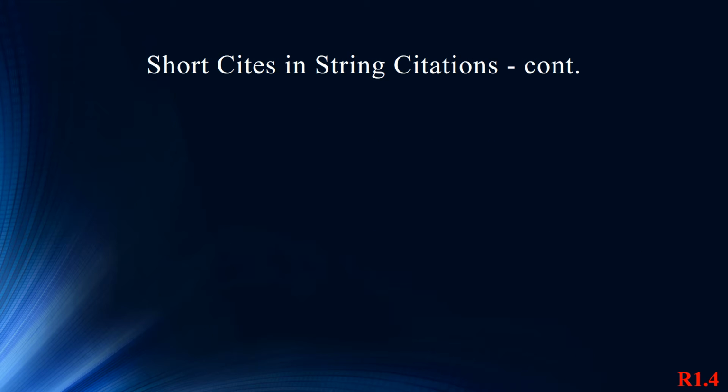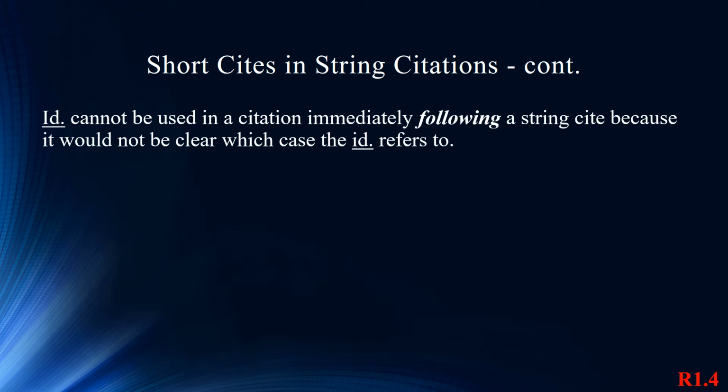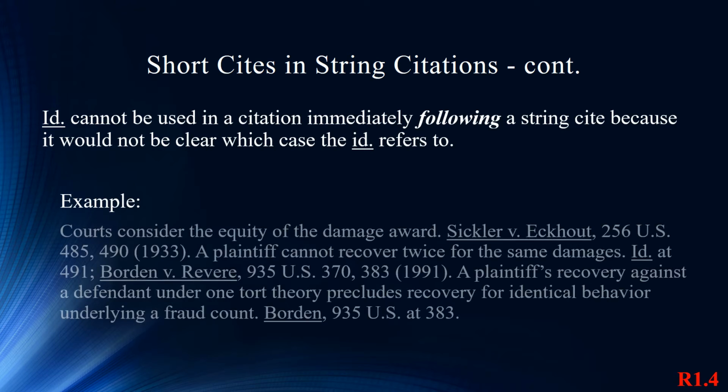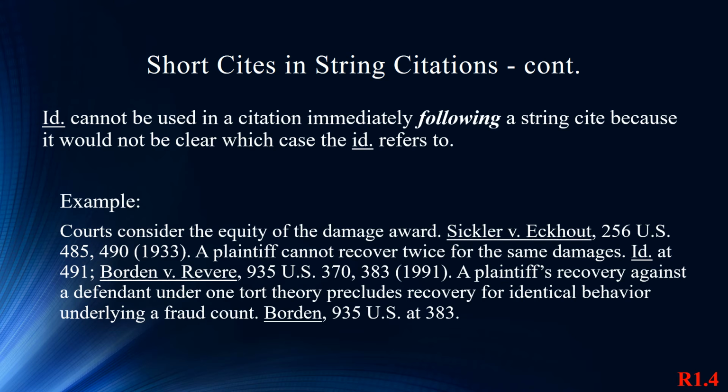The main thing we need to keep in mind when short citing around string citations is that the use of id should be 100% clear to your reader. Id cannot be used in a citation immediately following a string cite because it would not be clear which case id refers to. Let's look at an example. Here we cite to Sickler and we use id in the second sentence to again refer to Sickler.